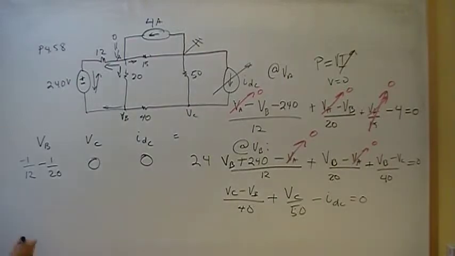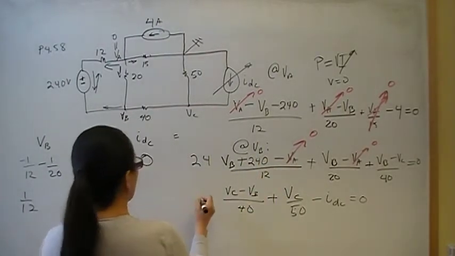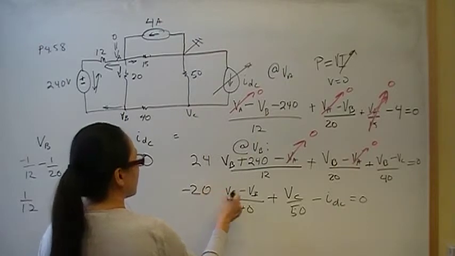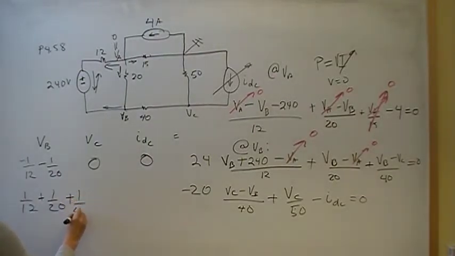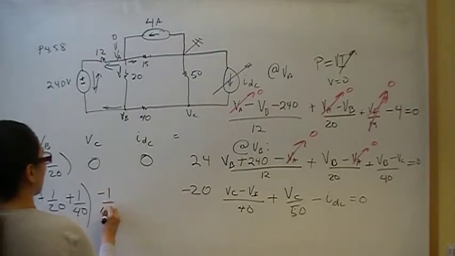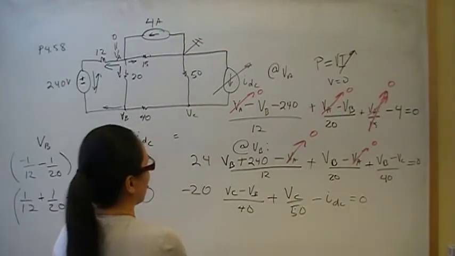So at VB we have 1/12, and then positive 20, which is going to come on the other side as negative 20. Then we have 120 plus 120 for VB, and another VB term of 140. The last term is negative 140 for VC, and 0 IDCs.